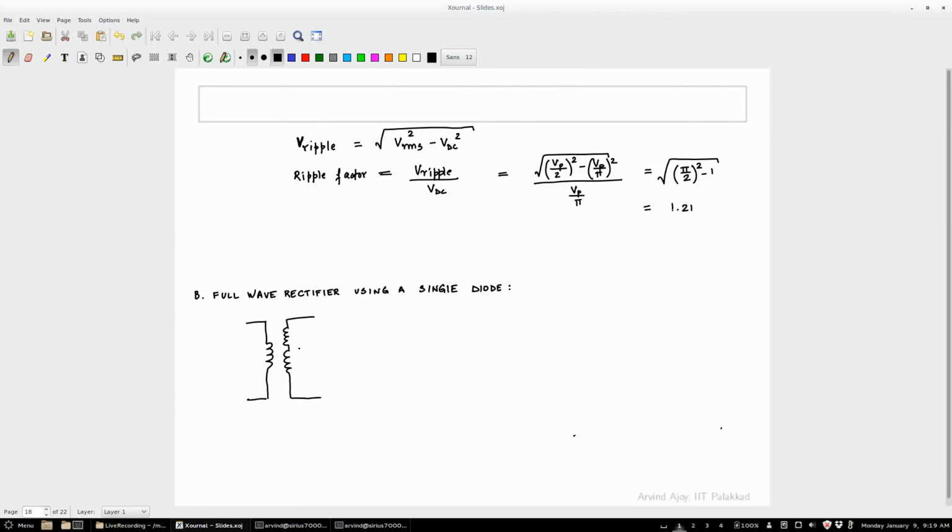So the idea is the following, that you are actually starting with a transformer, correct? The secondary of the transformer is what's called a center tap transformer. What's a center tap transformer? Basically, a center tap transformer means that you have access to the central point of the secondary coil. You will do that in your machine course. So that means you can access this center point also.